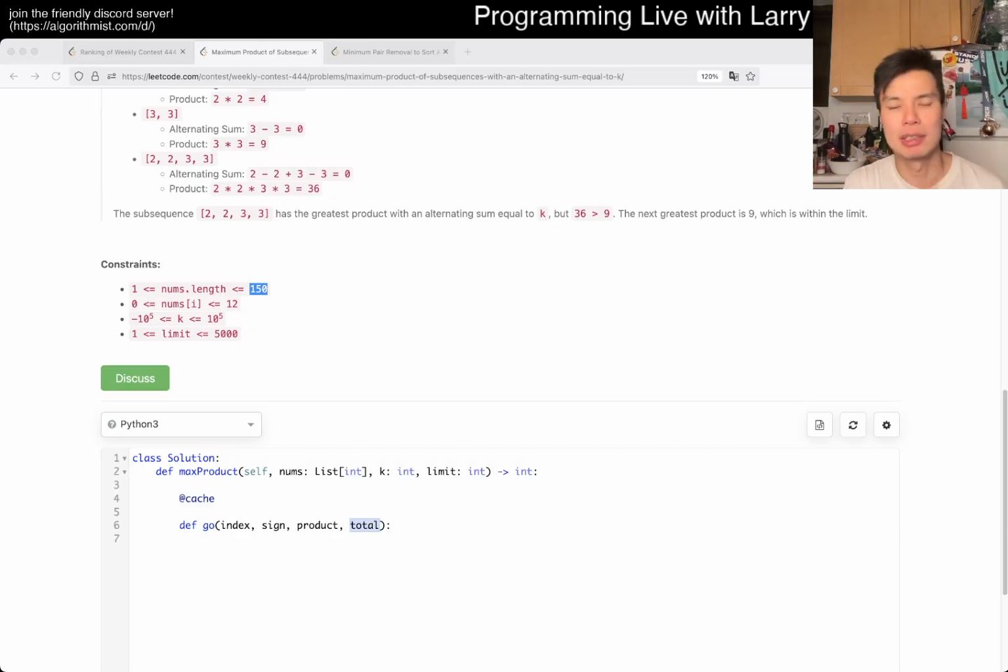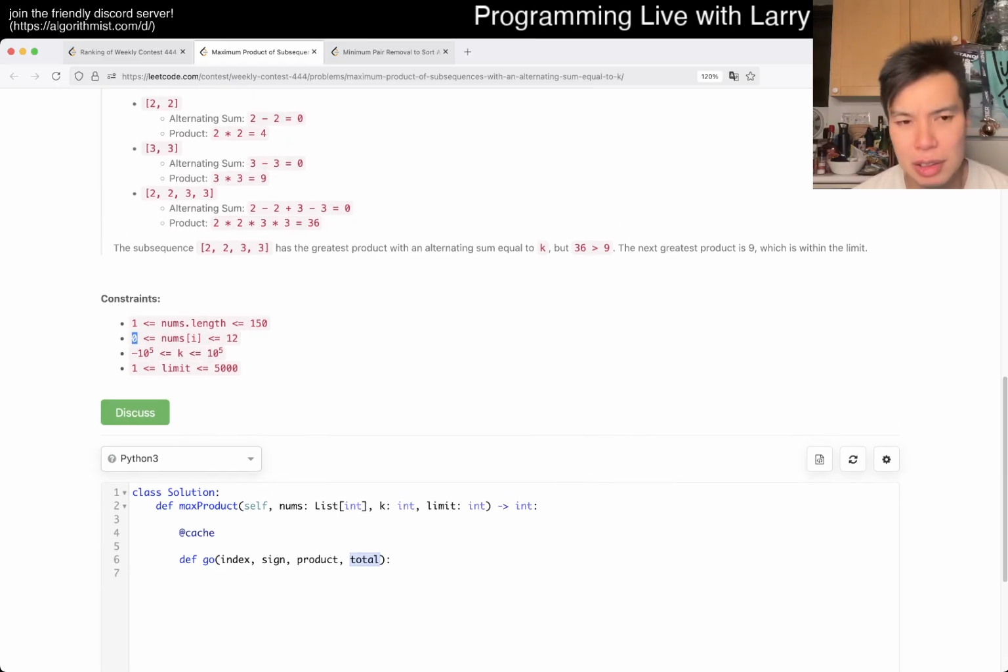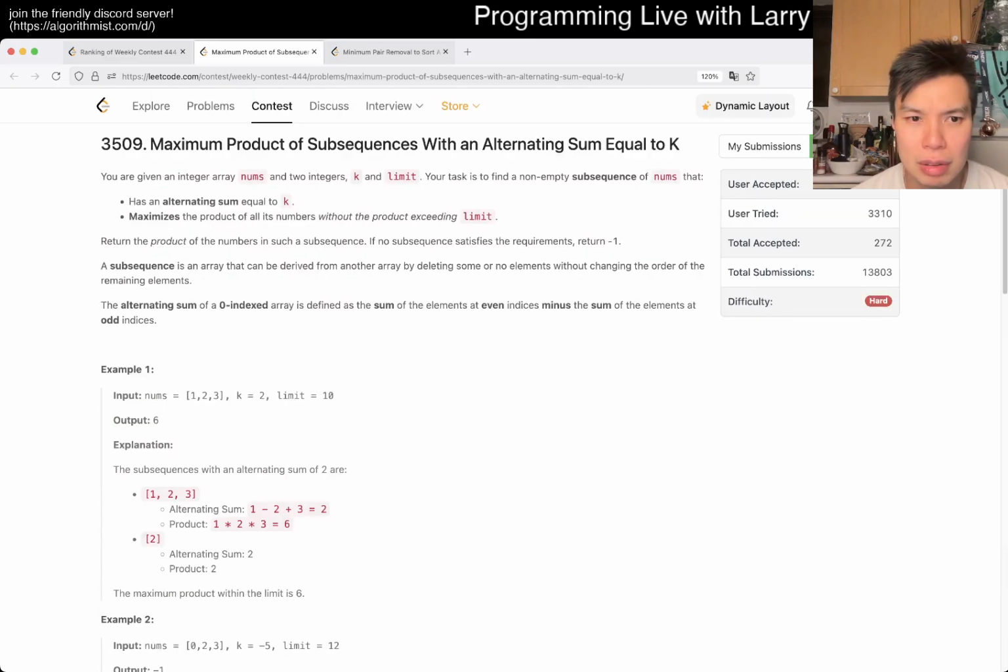Product has to be less than limit. Product. Oh, but product is a weird one, isn't it? I think it's just about handling ones and zeros. Oh, product being 0 is... Oh no, but you want to maximize it, right? So that's a little bit curious.